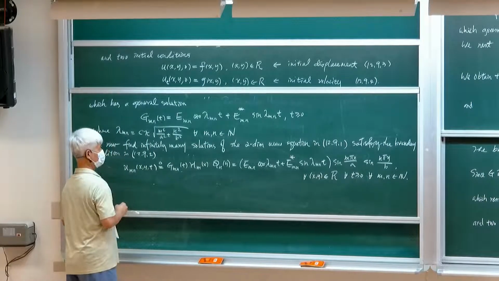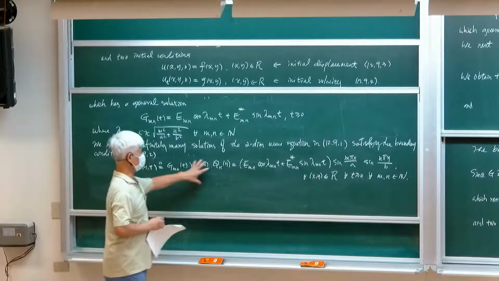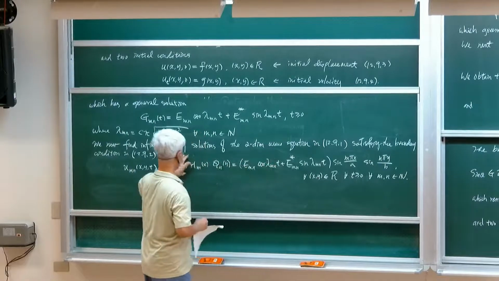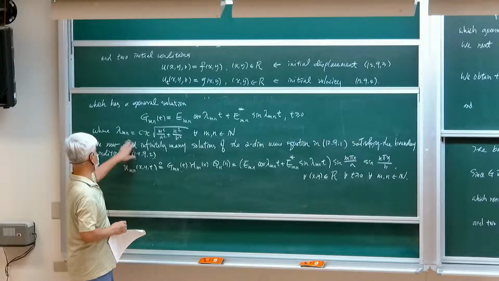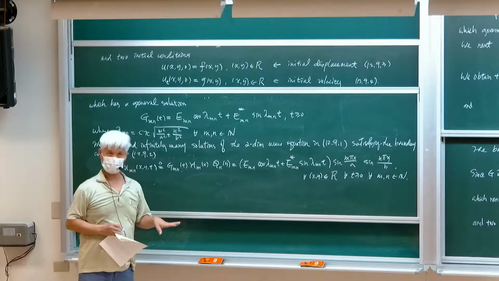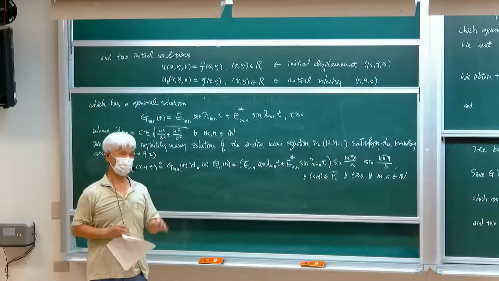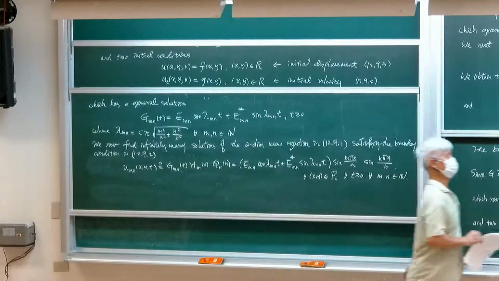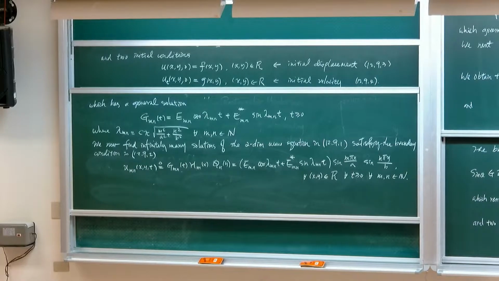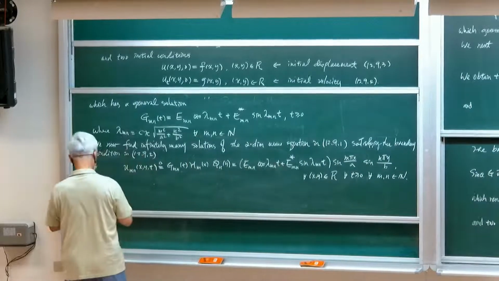But in general, for a specific m and specific n, this is a solution, which we call an eigen solution corresponding to eigenvalue lambda_mn, and it may not satisfy the two initial conditions. So now we will use the superposition principle. That means that we will use theorem 12.1.1 in section 1.